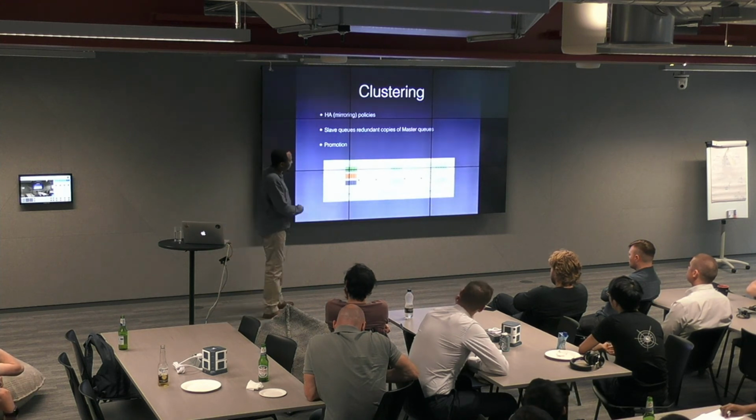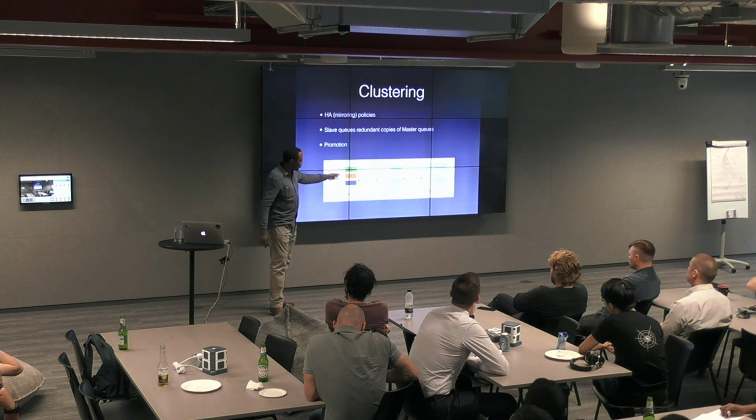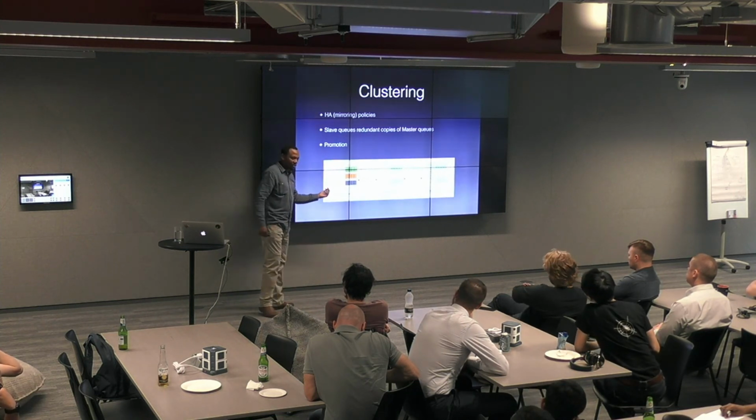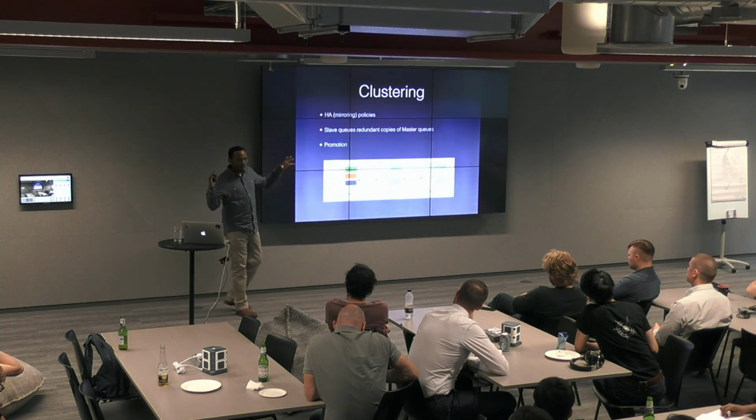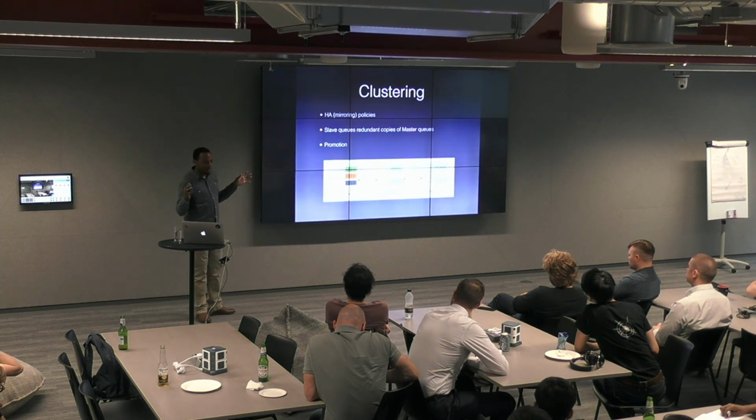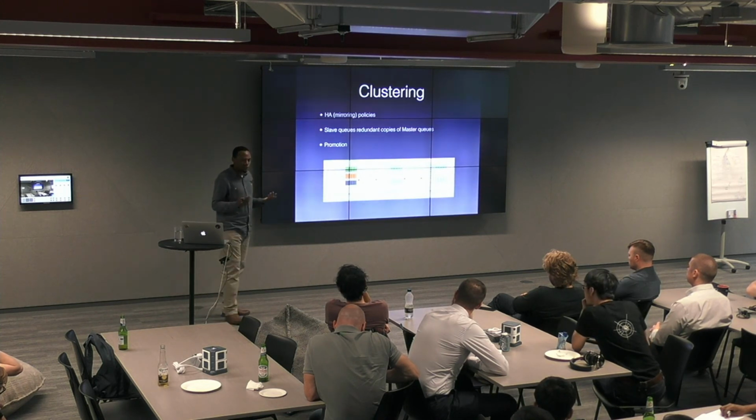So once you've got your cluster and your queues, when you apply a policy, you create slaves on your remote nodes, right? So when a node goes down, the slave queue is going to take over processing the messages. So your consuming microservices are never going to experience service disruption, unless it's a rare case where your whole data center goes down or something.